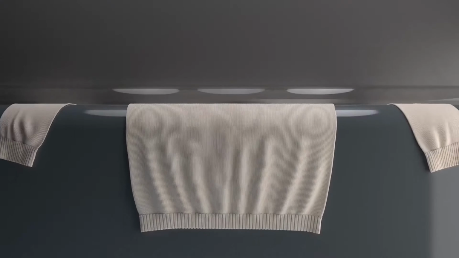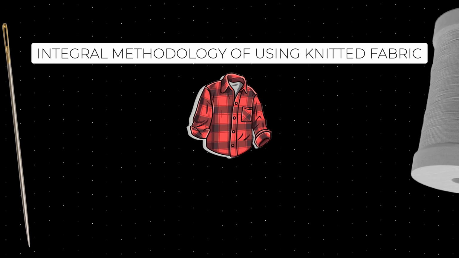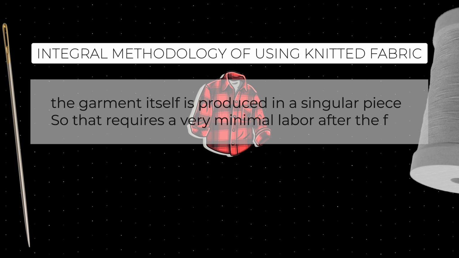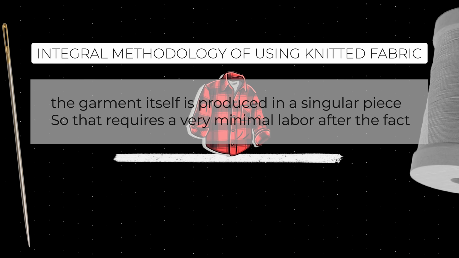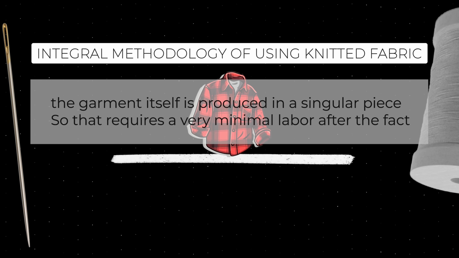So when we create knitted fabrics, the understanding here is that not all knitted fabrics are created equal. In some cases, the garment comes out finished directly from the machine. This we call the integral methodology of using knitted fabric, where the garment itself is produced in a singular piece, so that requires very minimal labor after the fact in order to construct the garment.